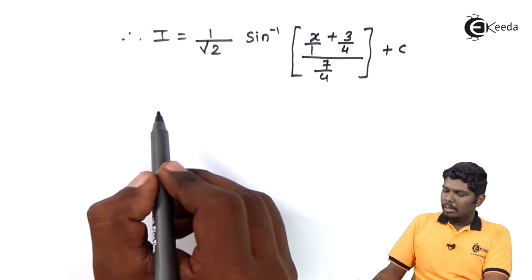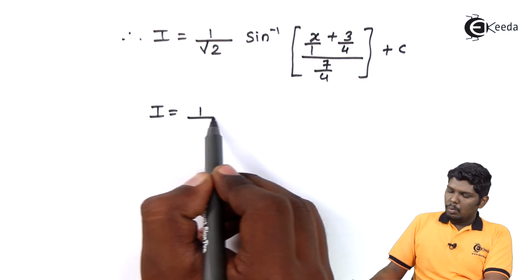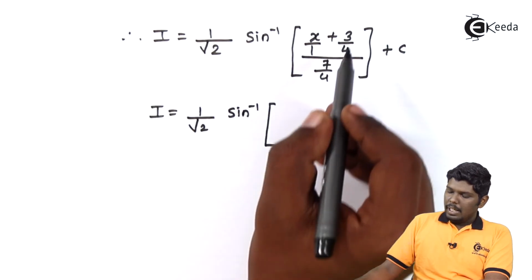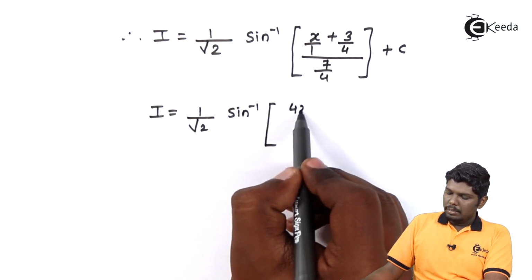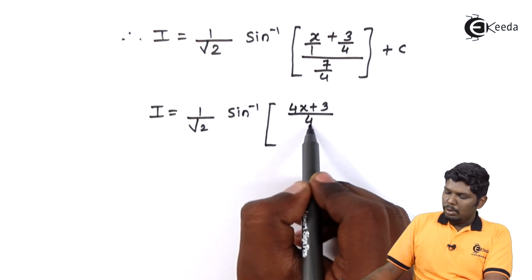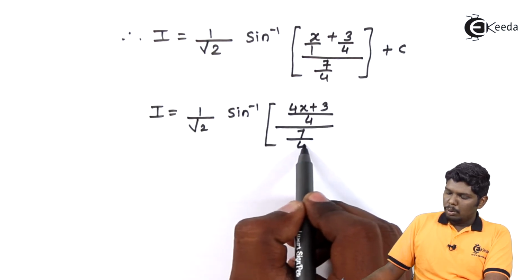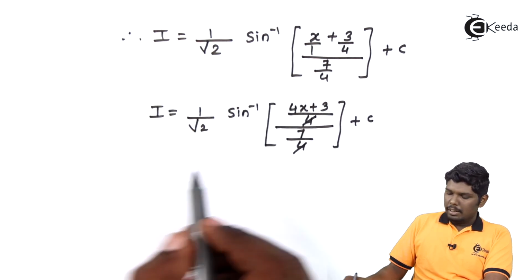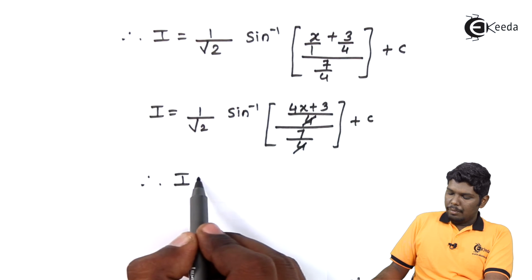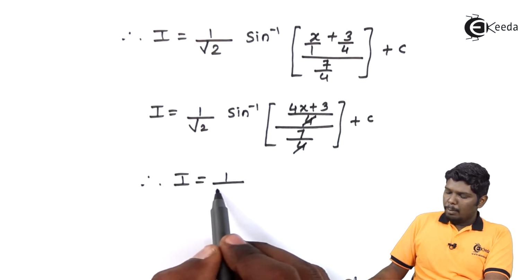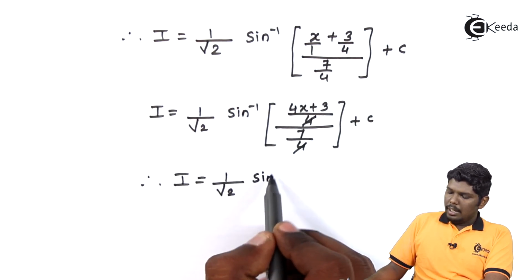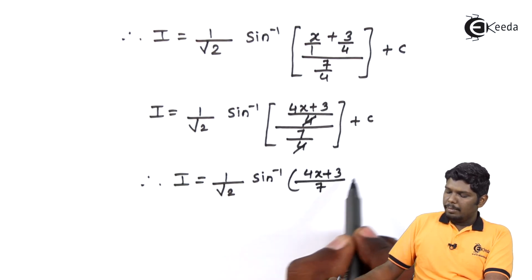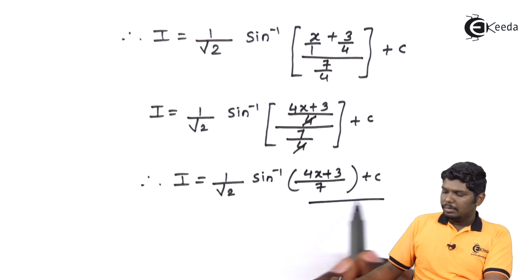Solving these two fractions, we will get I is equal to 1 upon root 2 sine inverse, we have 4x plus 3 upon 4 divided by 7 upon 4 plus c. Here 4 will be cancelled, and therefore the final answer will be 1 upon root 2 sine inverse 4x plus 3 upon 7 plus c.